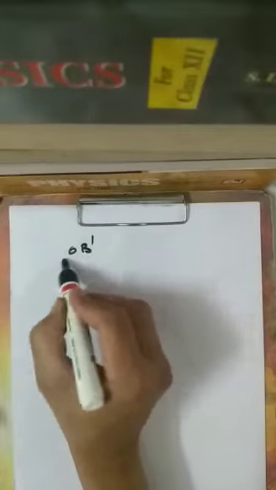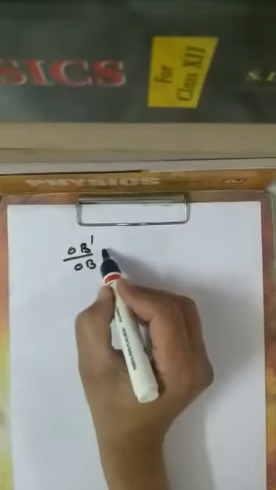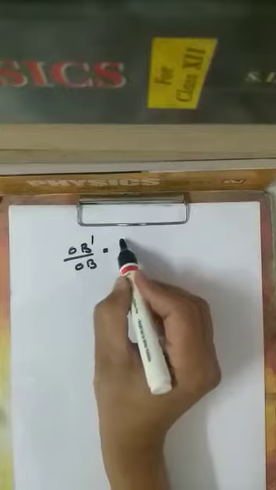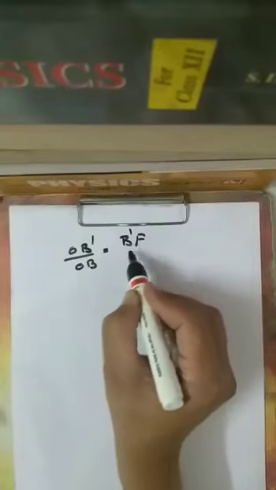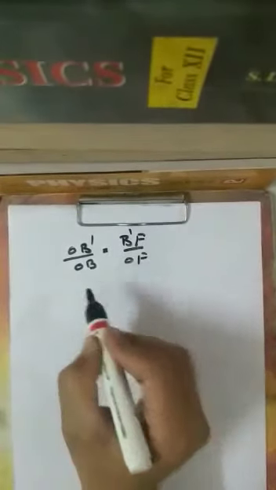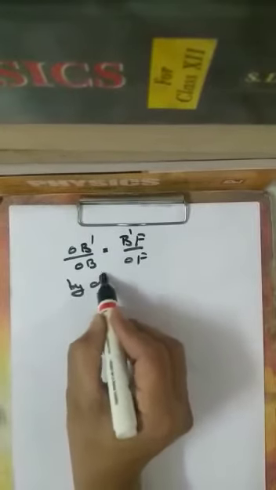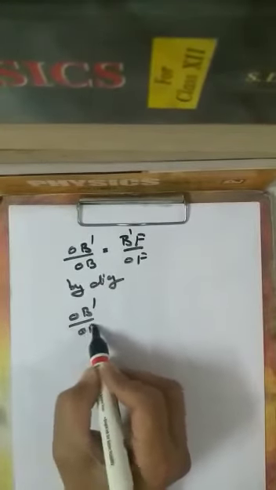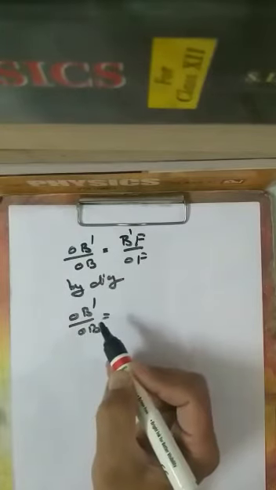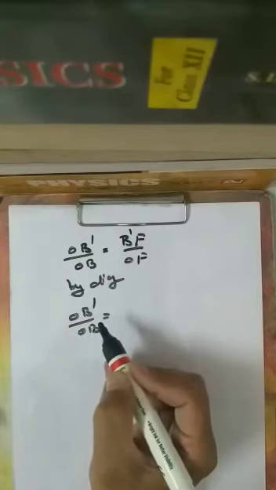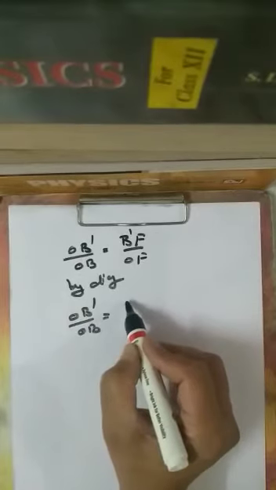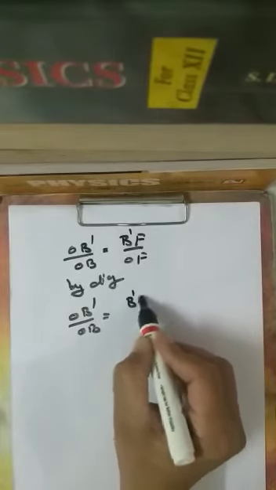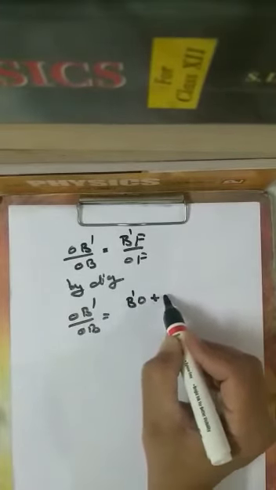By diagram, we can write B dash F as B dash O plus OF.